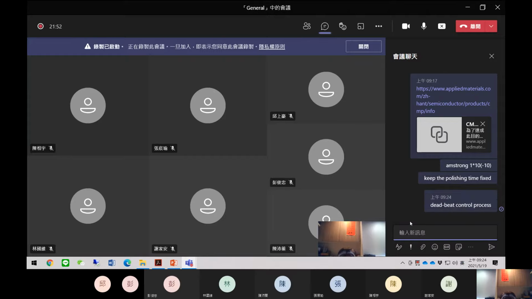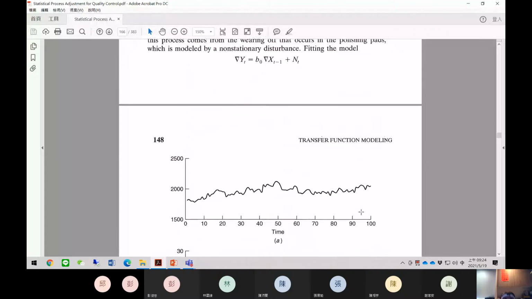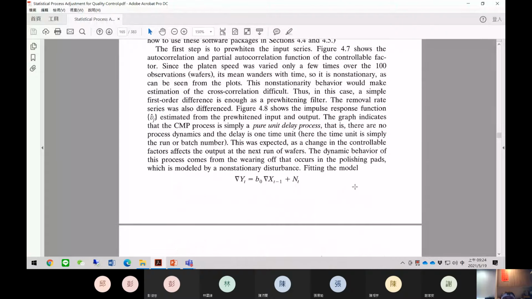So there is no process dynamic, only system disturbances.